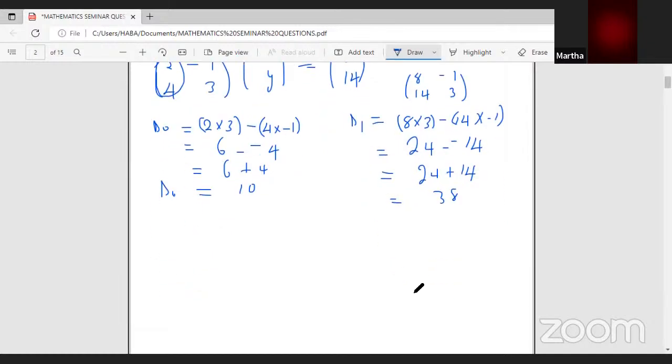I do the same for determinant 2 for the coefficient of y. I replace the coefficients of y with the product.